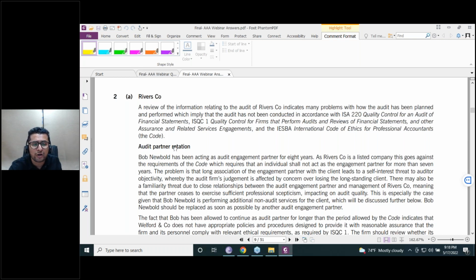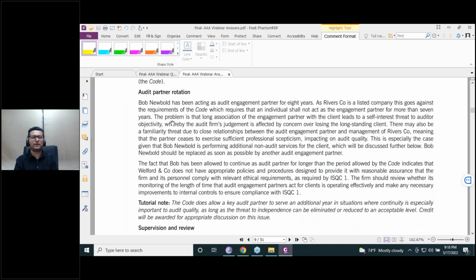The real answer according to the marking scheme starts from here. There is a heading called audit partner rotation. Now let's see. Bob Newbold has been acting as an engagement partner for 8 years. This is the issue we have extracted from the question. This alone would not give you 1 mark. You have to add something.